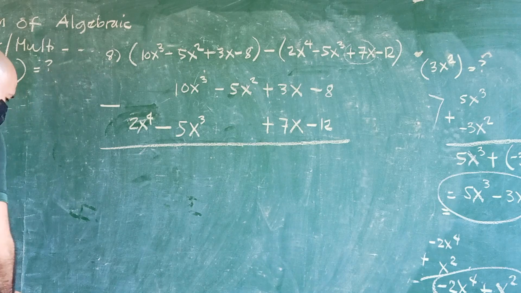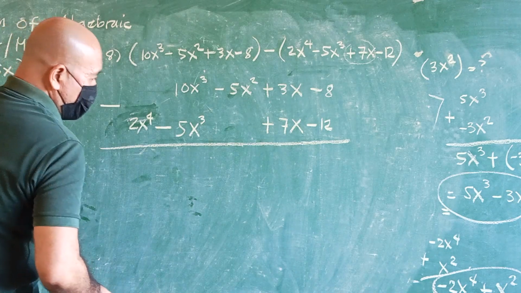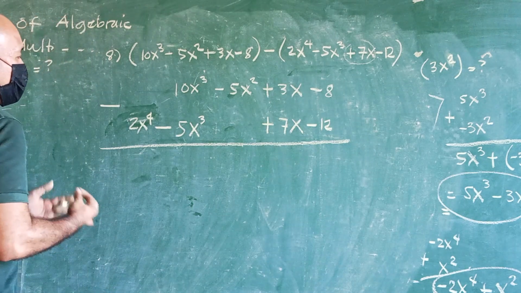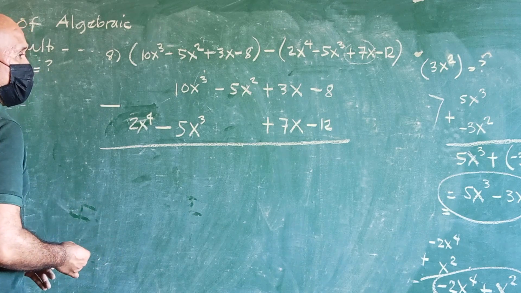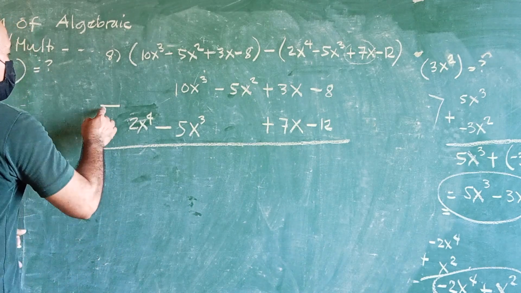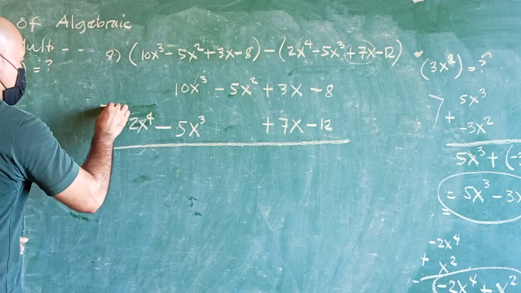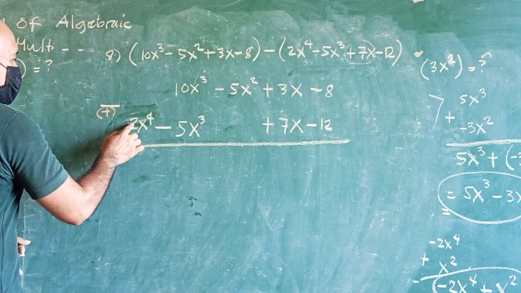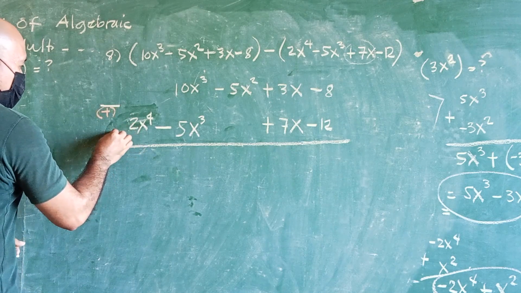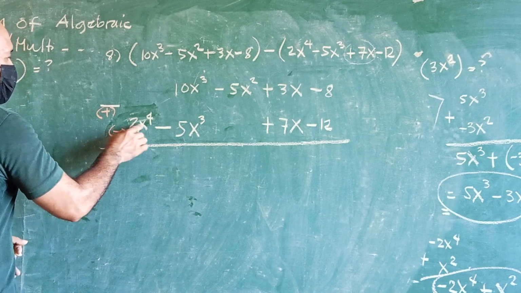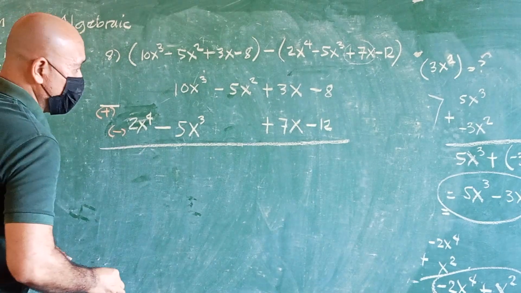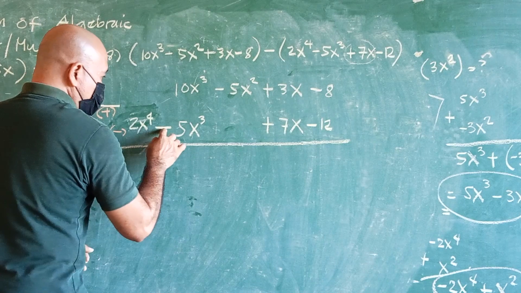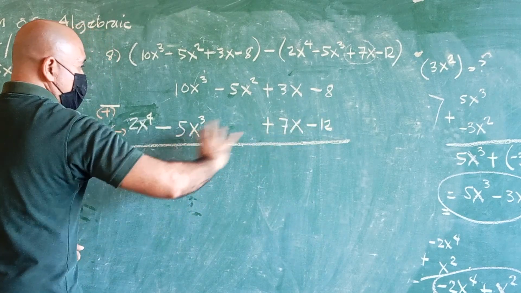Then, to avoid any mistakes, as much as possible, try to change first all the signs and the operation. So from minus, it becomes plus, and since this is positive, it will become negative 2x raised to the power of 4. And you will change all the signs of the subtrahend also.